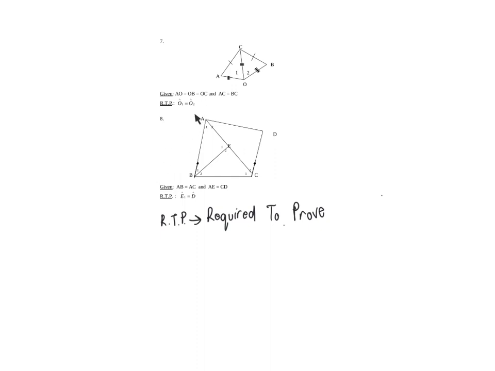And usually the case would be that you need to first prove two certain triangles congruent before you can prove those two angles are equal. So you just need to locate the triangles in which the angles are located and try and prove those as congruent. Just a hint to you guys.